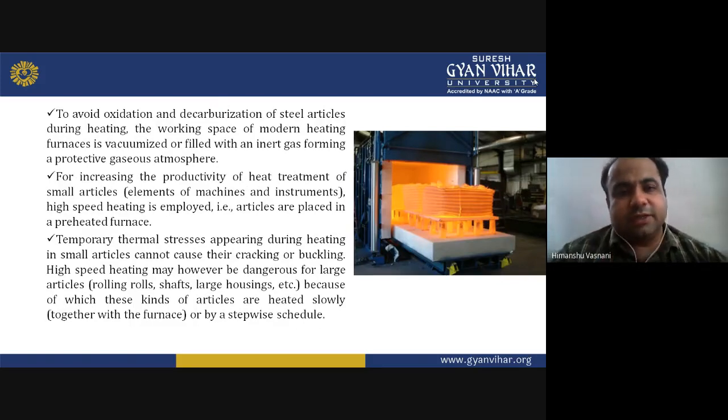To avoid oxidation and decarburization of steel articles during heating, the working space of modern heating furnaces is vacuumized or filled with an inert gas, forming a protective gaseous atmosphere.